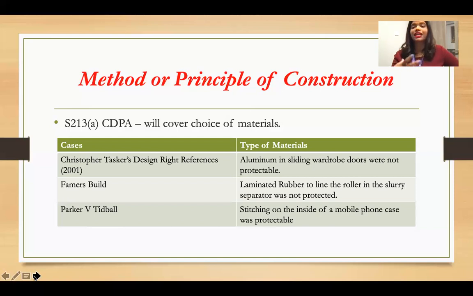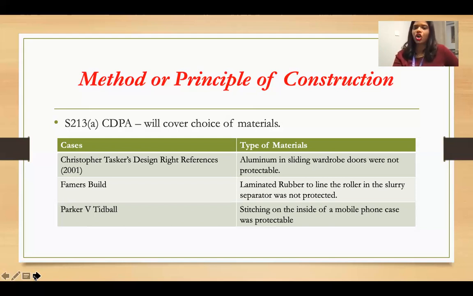If the court feels that this is one method that we should allow to be protected, the choice of material that I have used, the courts may allow. So anyone else who uses aluminium in their microwave will be caught for infringement. So the courts do allow type of material.